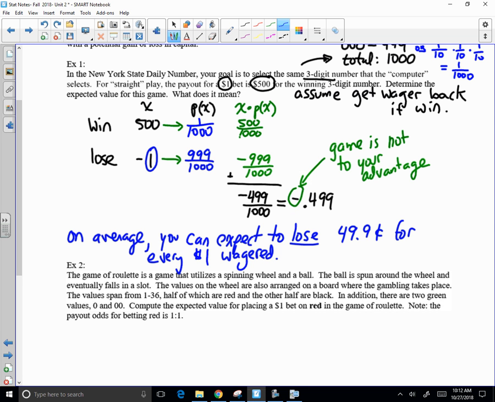So what that means is that the game is to the advantage of the house, which would be the government or whoever's running the lottery, and to the disadvantage of the individuals. And the same thing with casino games.